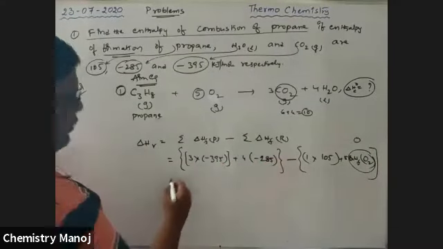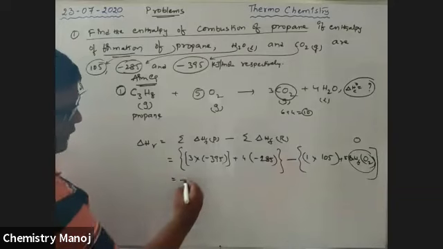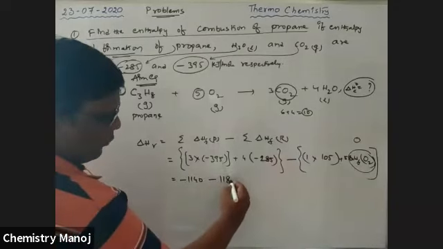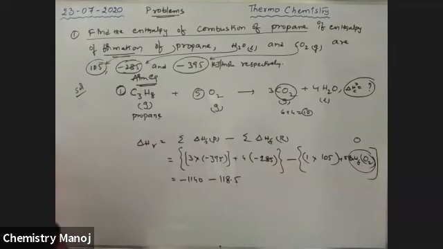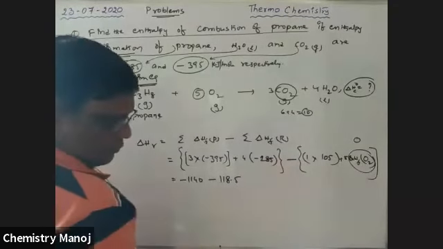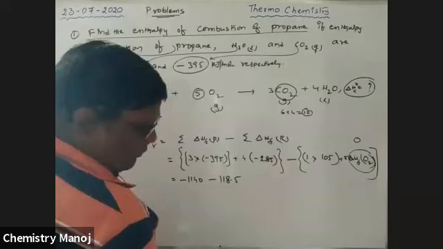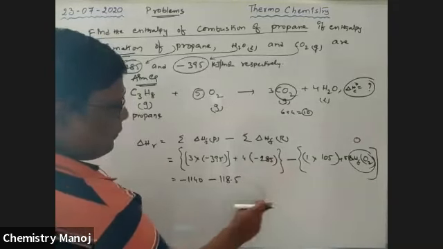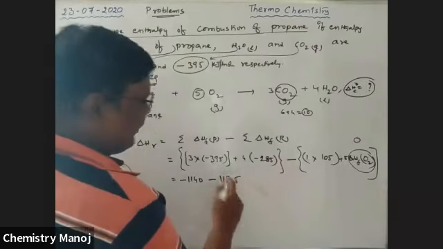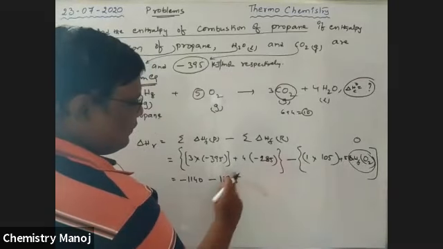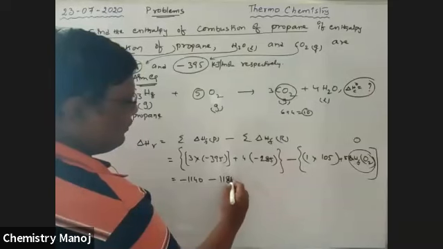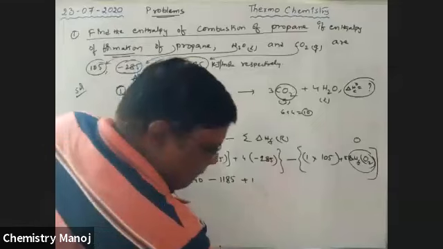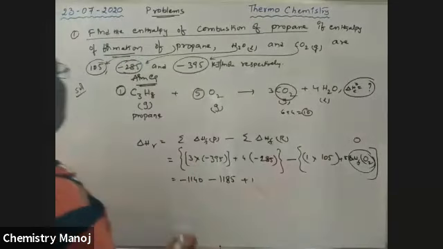Okay. So finally we get minus 1185 minus 1140, plus 105. How much, plus value or minus value?